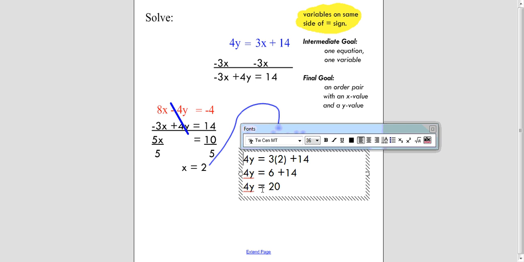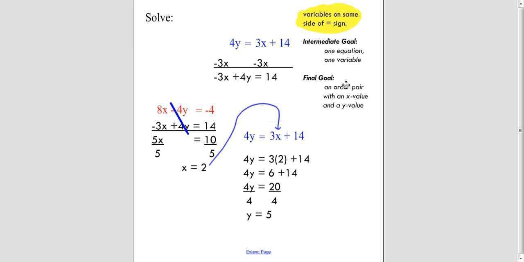Divide through by 4. So then y is going to equal 5. Now again, remember, we want an ordered pair.